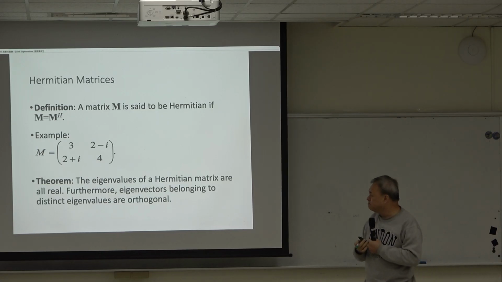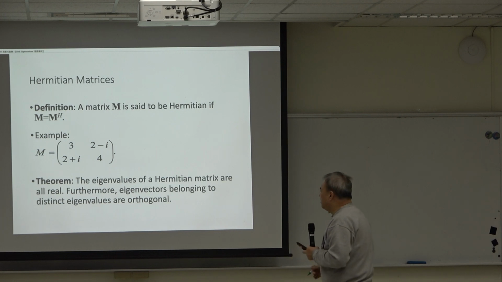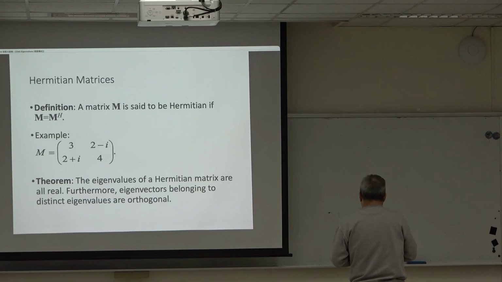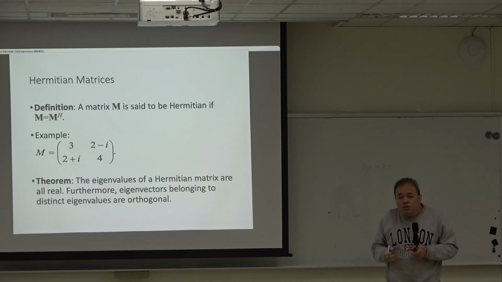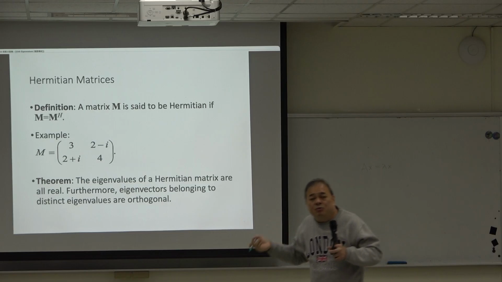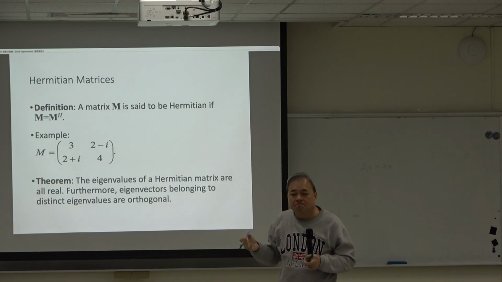First part. Let's say we have a matrix A, and we have an eigenvalue lambda. So now Ax equals lambda x, right? And now we need to show that lambda must be real, right?